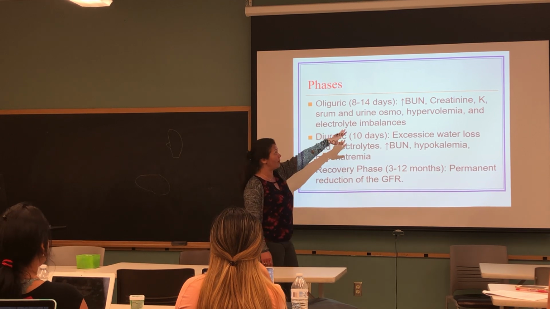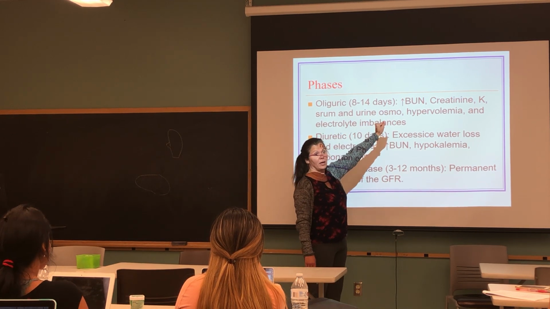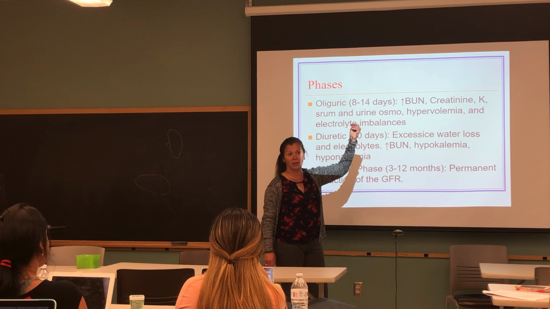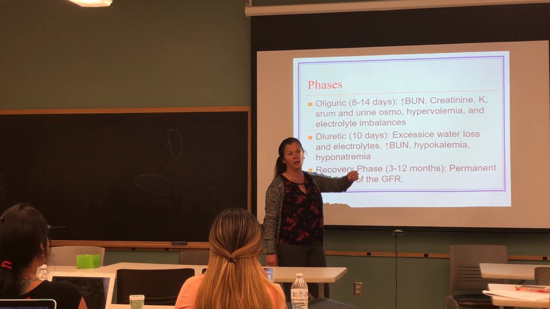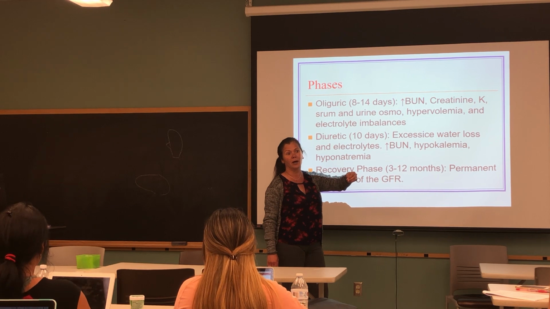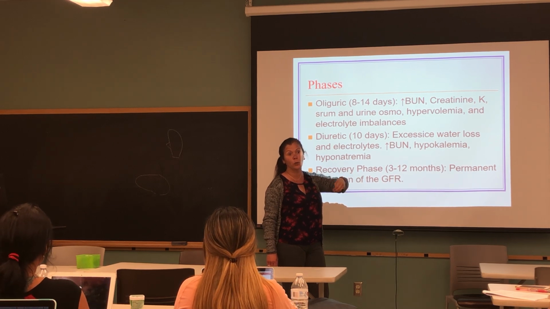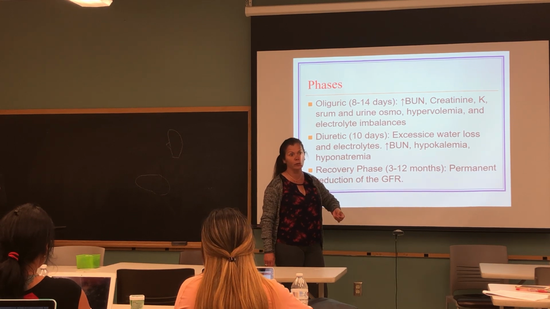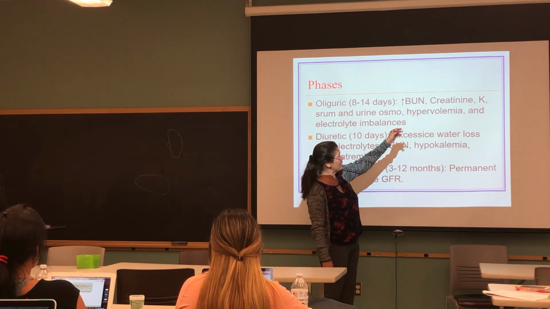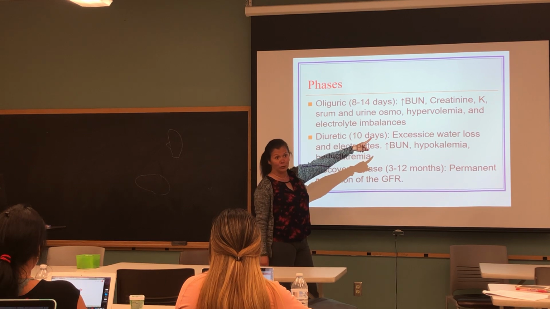So the patients will come, as we stated, with high BUN. Why? Because of the volume blood component, right? The patient cannot eliminate properly the urea, which is a waste byproduct, and they will start accumulating, right? They will have elevated creatinine and potassium.